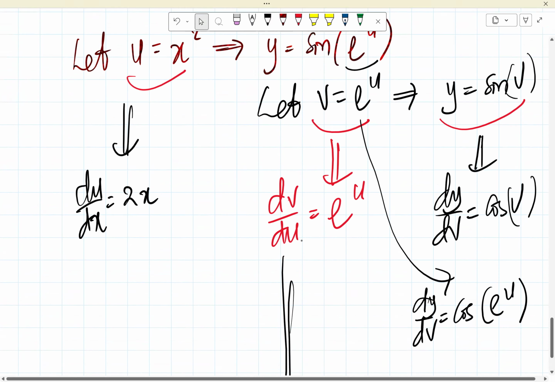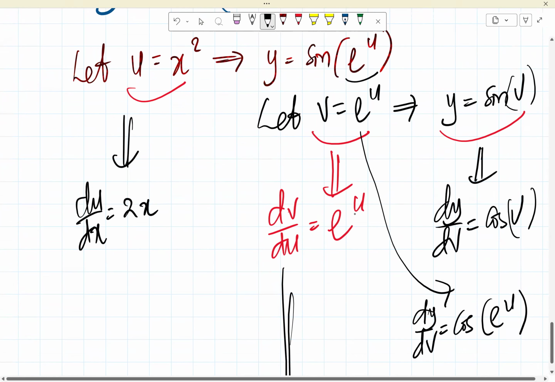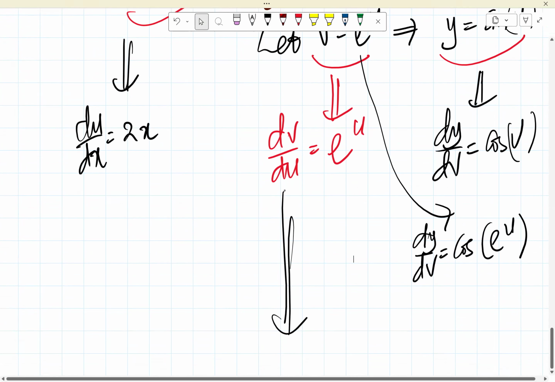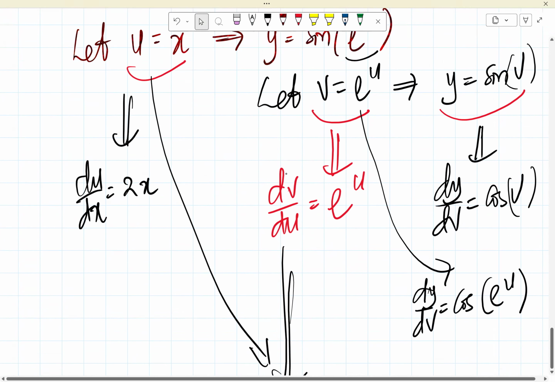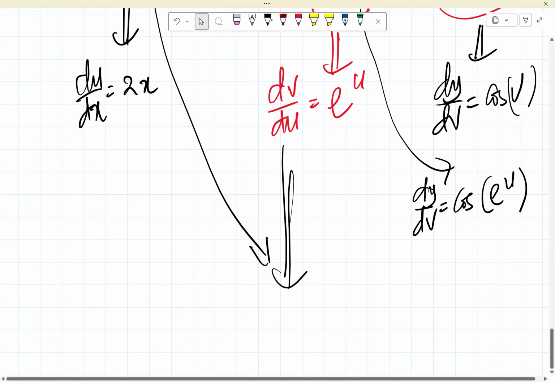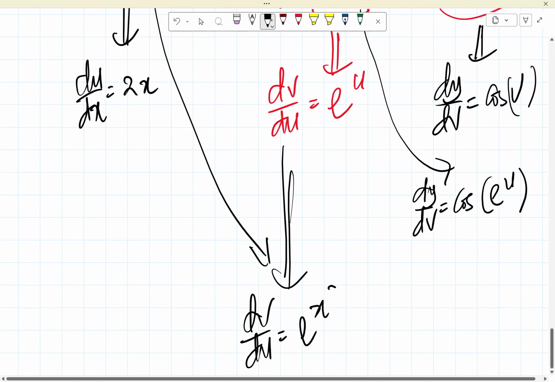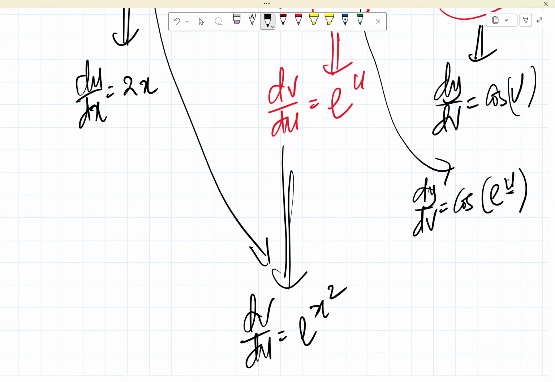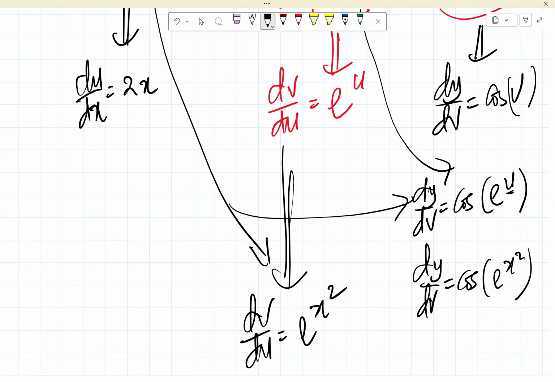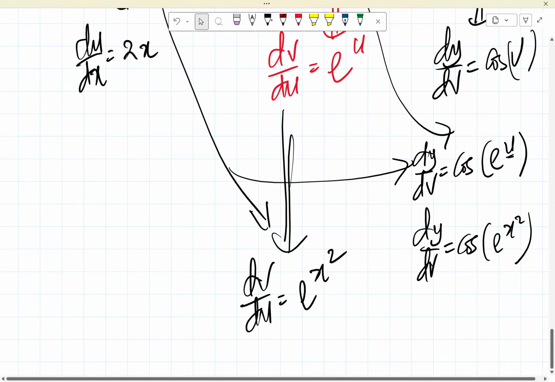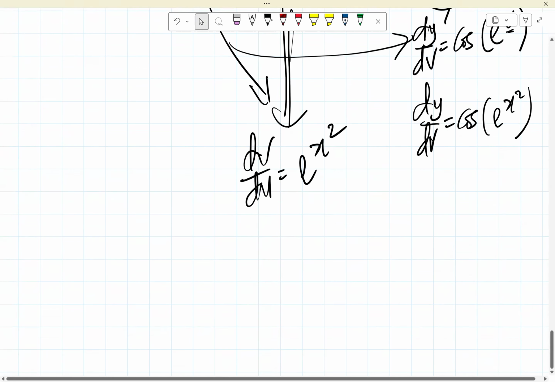We know that u is x squared, so dv du is equal to e raised power x squared. The same idea for dy dv: it is cos e raised power x squared, because u is x squared. So overall, we can continue.